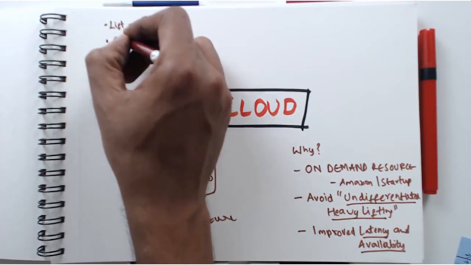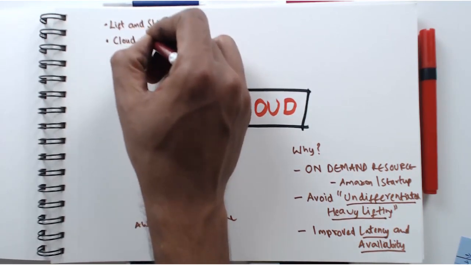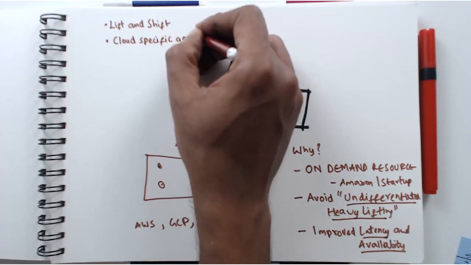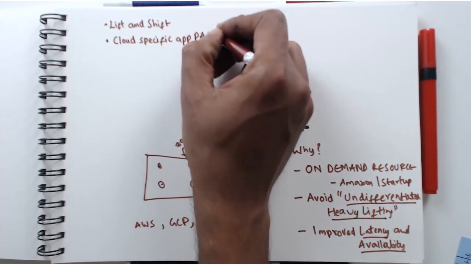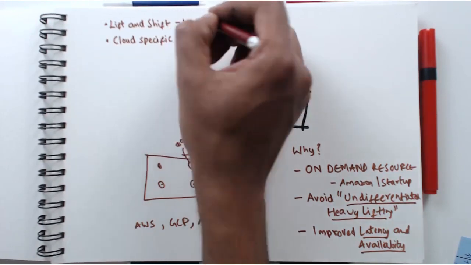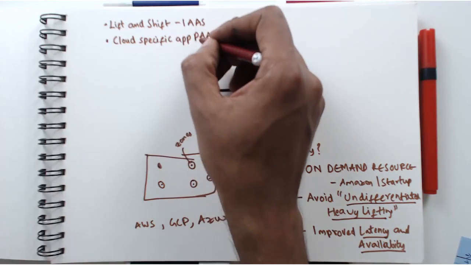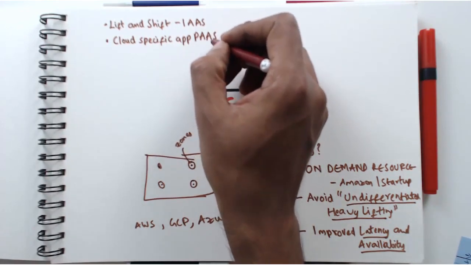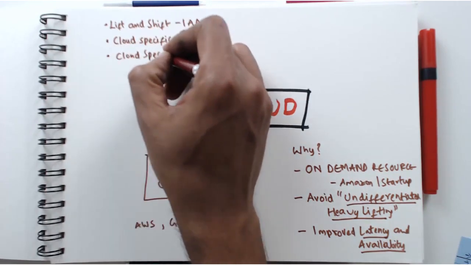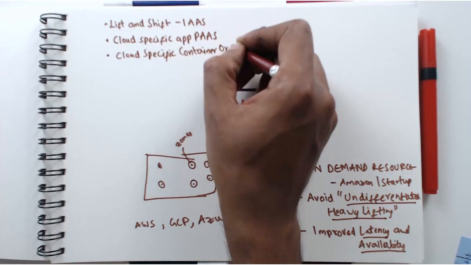The second option is to actually use a cloud specific application platform as a service. So this lift and shift is called IaaS, where it's called infrastructure as a service. The cloud specific app, PaaS, is platform as a service. The other options are cloud specific container orchestration.